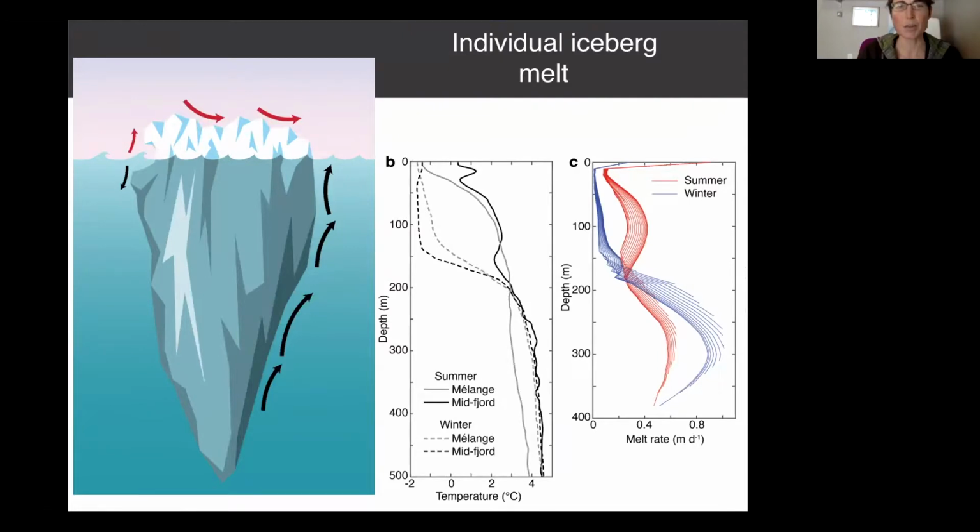But there's only so much utility in understanding what's happening on a single iceberg. So what we did was we took Landsat data and some work that had happened in Dave Sutherland's lab for detecting icebergs, and we used that information to get iceberg distribution data.